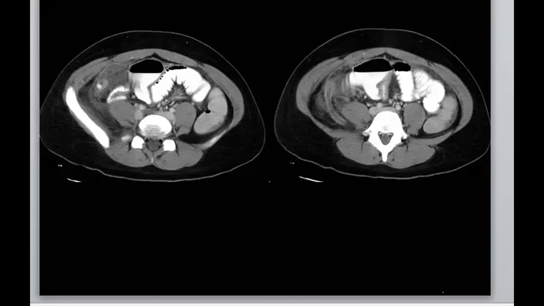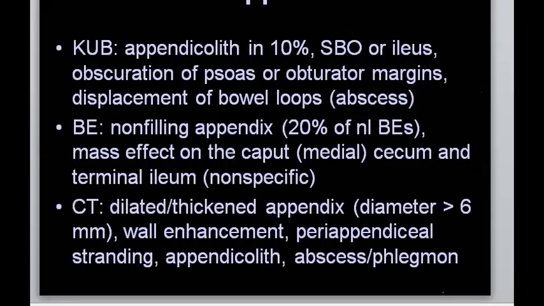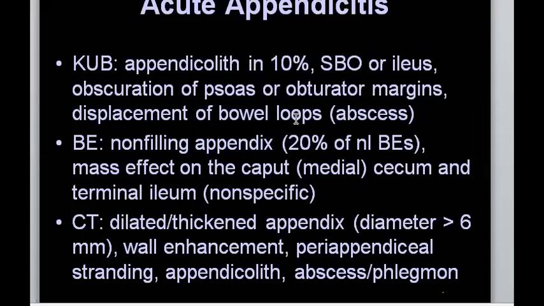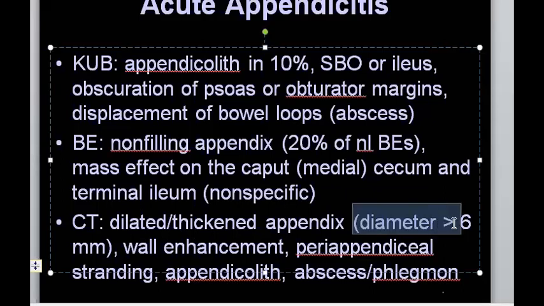So put something in your rules: right iliac fossa pain with fat stranding, search for appendicitis as the most common one, okay? Then you can search for others if you don't find typical appendicitis. What you find here is a dilated, thickened appendix; the measurement is important to mention, more than 6 millimeters, with wall enhancement and fat stranding.